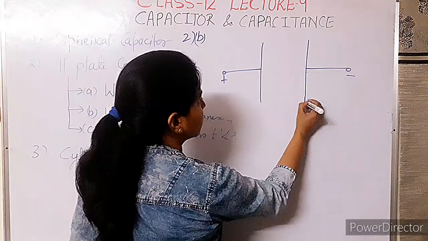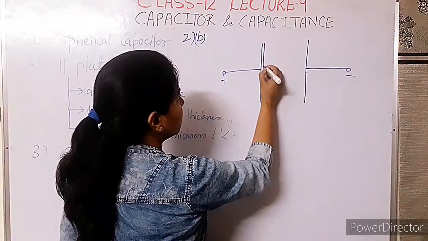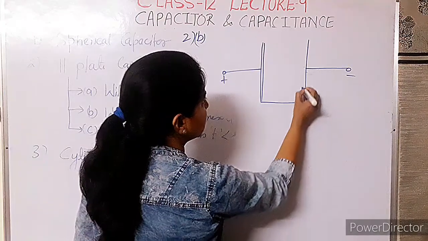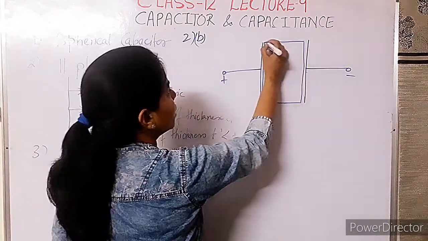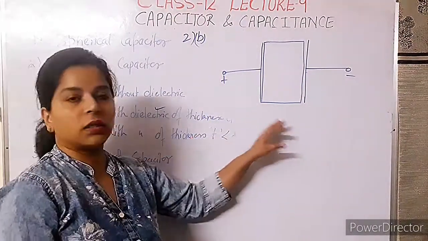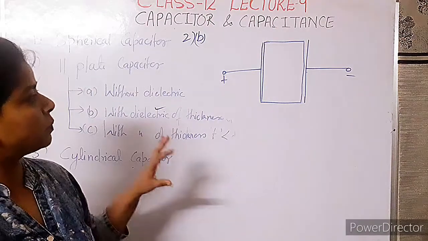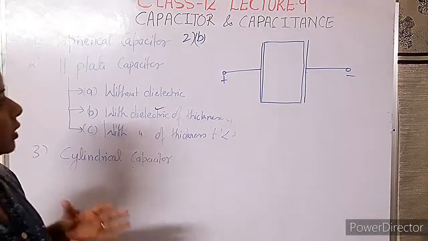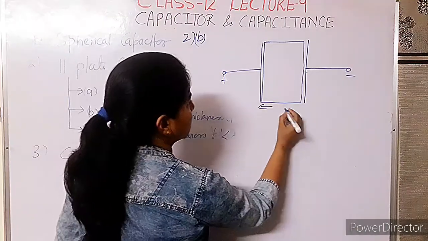Okay, now you will see we can draw a dielectric in between the plates, and the dielectric area is equal to the plate area, and the dielectric thickness is equal to the plate distance.